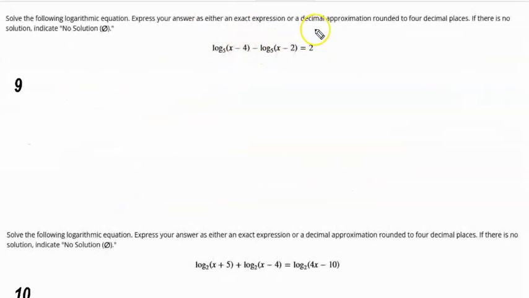Looking at item 9 here. Again, we've had some like this. What do we do? This is in the expanded form. We want to put it in its condensed form. So log base 5 of x minus 4, and this is subtraction, so this is division, x minus 2 equals 2.